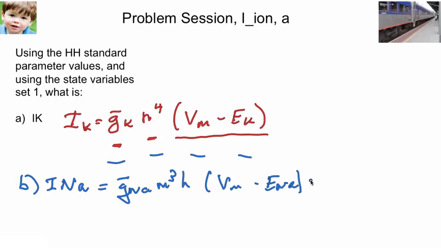Every one of these numbers is given, so we just read the numbers out of the standard parameter values and the values of the state variables, plug them in, and get the result. Similarly, we do the very same thing for IL. IL has an even simpler expression. Put that expression in, do the computation, and then you have it. I'll leave it up to you to actually compute the numbers.